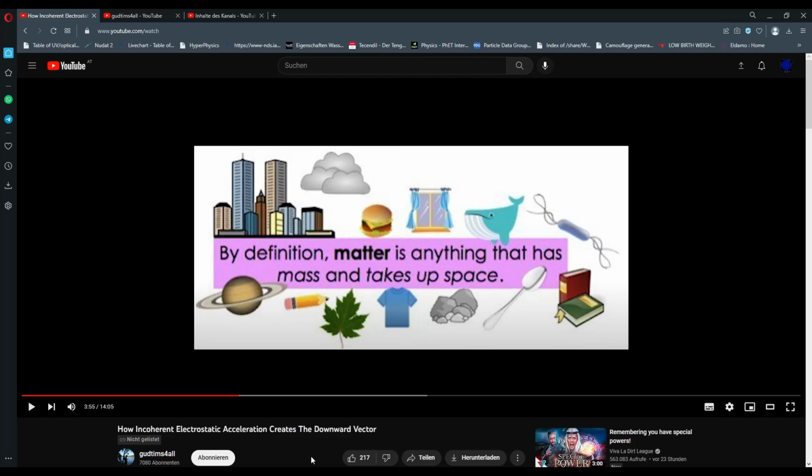Imagine if you were 3 megaparsecs away, and if you had a measurement device that was sensitive enough and had no kind of interference and errors whatsoever, like a hypothetical perfect measurement device, you would still be able to measure the electrostatic field of that electron. So yes, everything is within an electrostatic field.